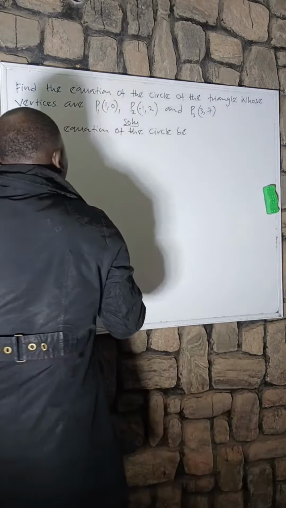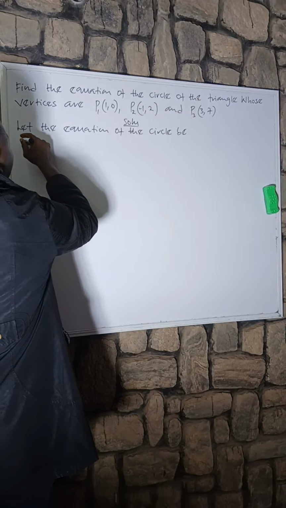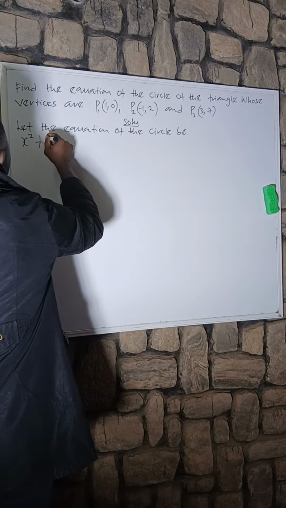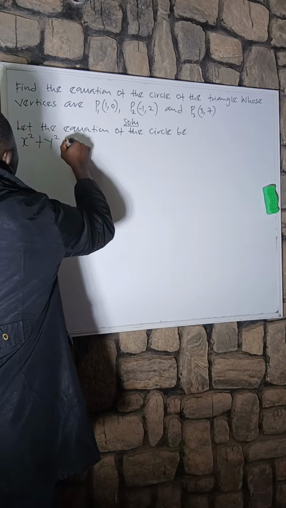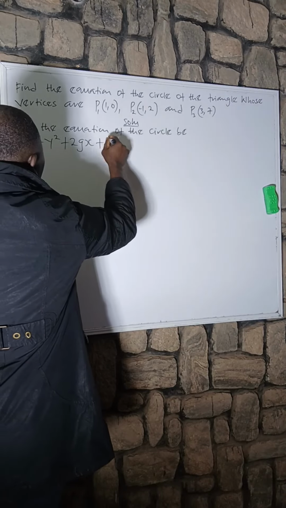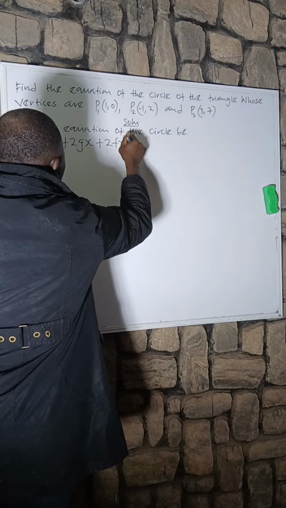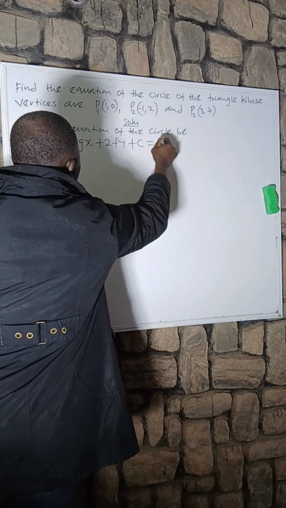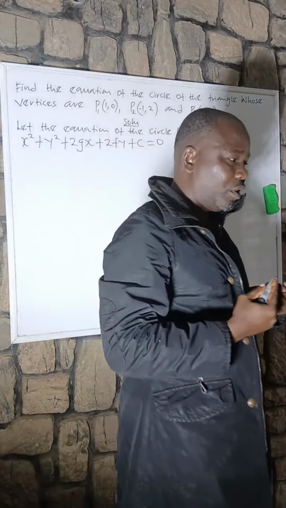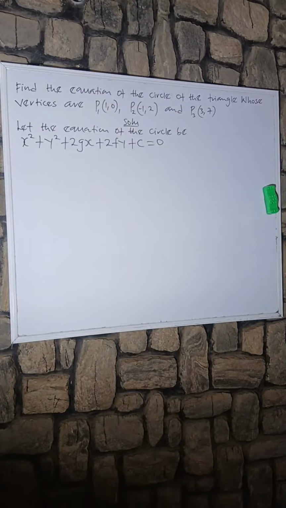Our general equation of the circle is of this form: x squared plus y squared plus 2gx plus 2fy plus c equals 0. True or false? Look at the board. It is true, right? Okay.